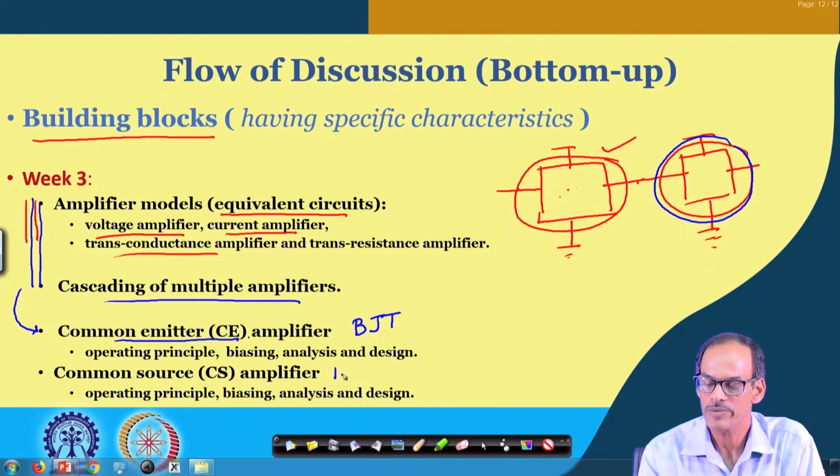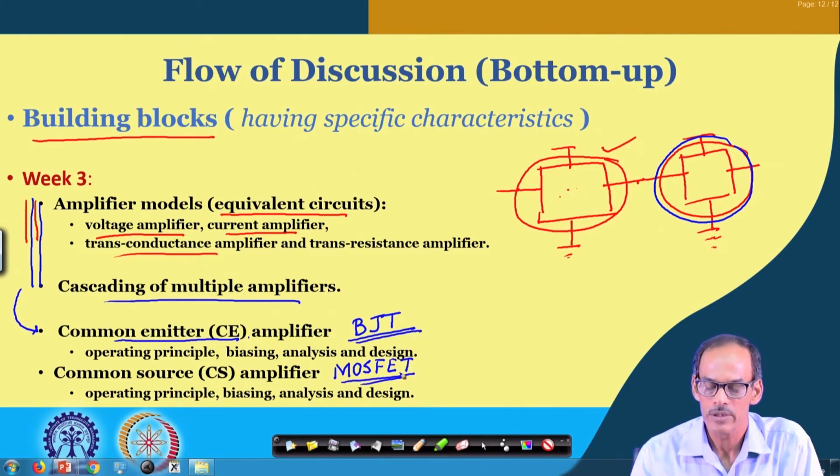Likewise, we have the MOSFET realization, and as I said, in this course we would like to continue BJT and MOS together side by side, so that we can understand which is better and in what context, and what the similarities are.